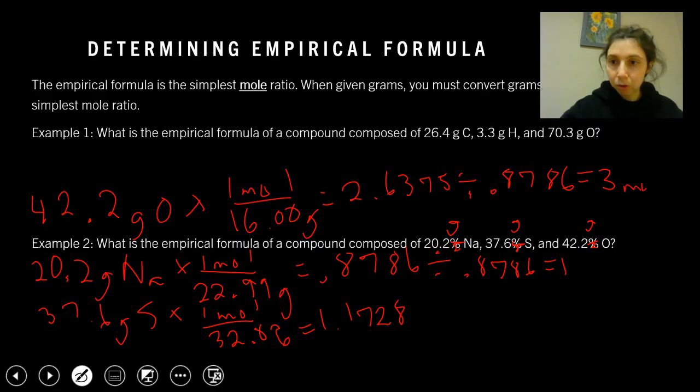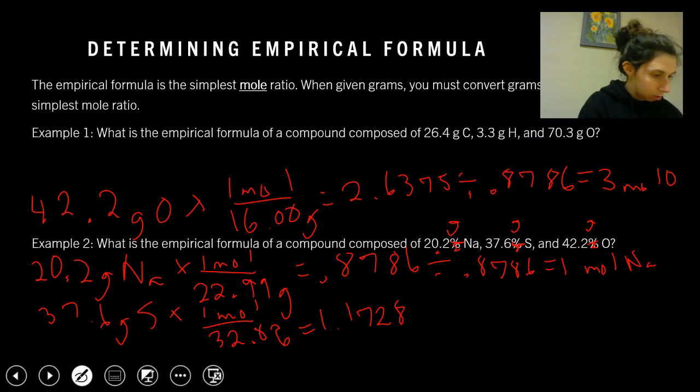So I have 3 moles of oxygen, 1 mole of sodium, and then 1.17 divided by 0.8786 would give me 1.33.